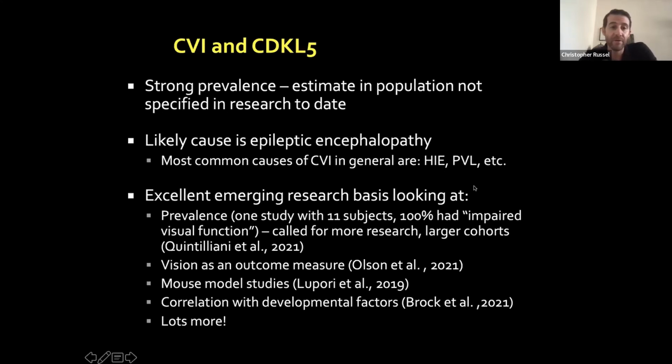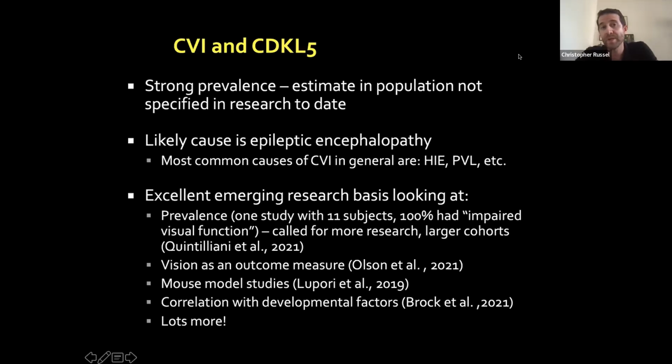One study that I found had 11 subjects. 100% of them were identified as having impaired visual function and not ocular visual impairment. That study called for more research and larger cohorts to help determine possible prevalence in the population.